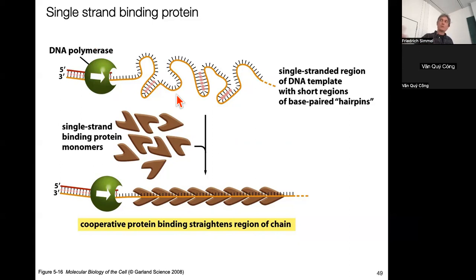It cannot continue to synthesize because it cannot break the base pairs in the secondary structure. So there are assisting proteins like the single strand binding protein that somehow flatten out, in a sense, the sequence.